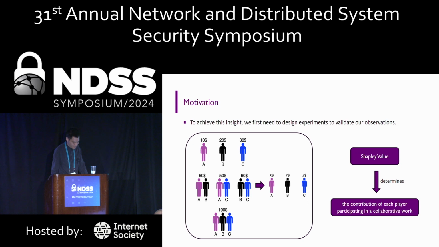Several methods have been proposed to tackle this problem, and the most well-known solution is the Shapley value, a method for distributing the gain among players in a cooperative game. To be more specific, the Shapley value calculates the weighted average of each player's marginal contribution to all possible combinations of players. Additionally, the Shapley value has been used in various fields, such as measuring the significance of a feature in deep learning models.